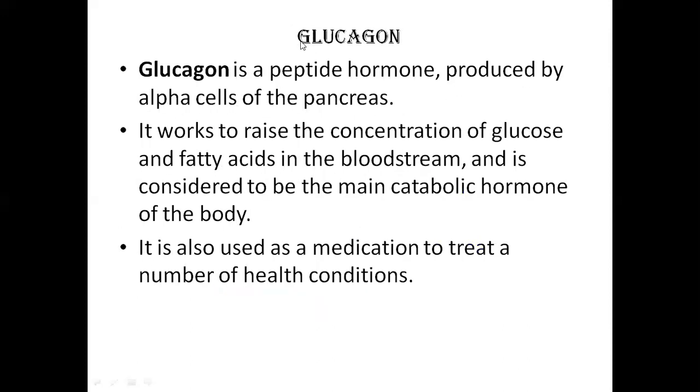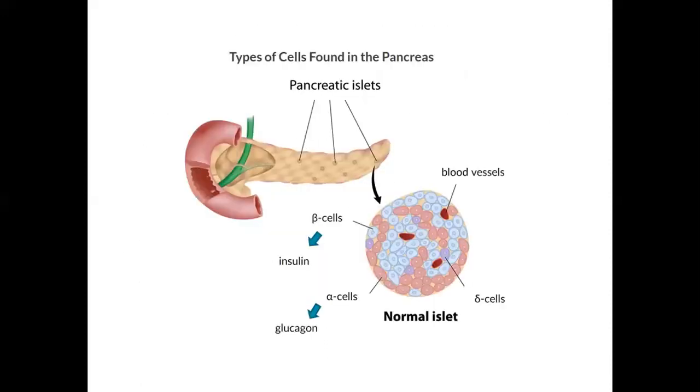Coming to glucagon, again it's a peptide hormone which is produced by the alpha cells of the pancreas. Don't get confused. Both the hormones, insulin as well as glucagon, though they are produced by the same organ, the pancreas, their functions are different in nature. Insulin produced by the beta cells helps in lowering the higher blood glucose level.